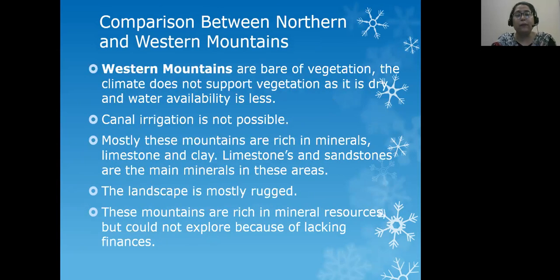Western mountains are bare of vegetation. The climate does not support the growth of plants as it is an arid climatic zone, usually dry throughout the year. Water is available but in small quantity. Canal irrigation is not possible due to the mountains. While agriculture cannot be done here, these are very rich in minerals.